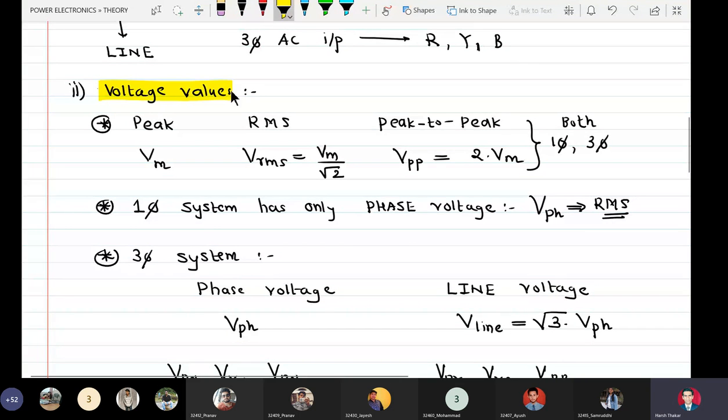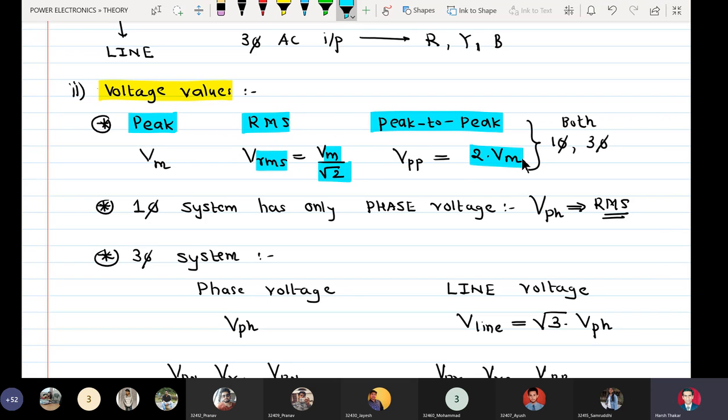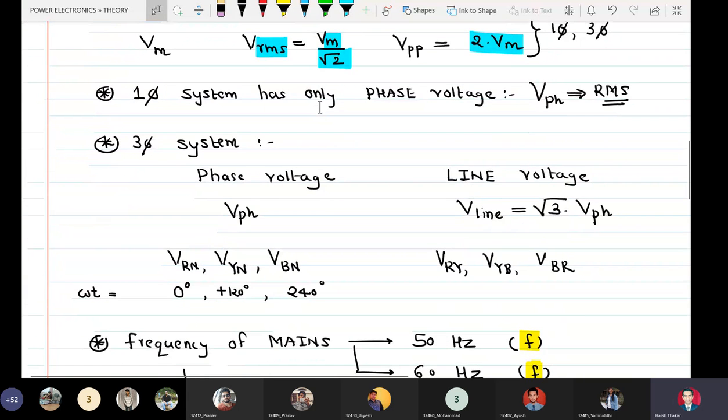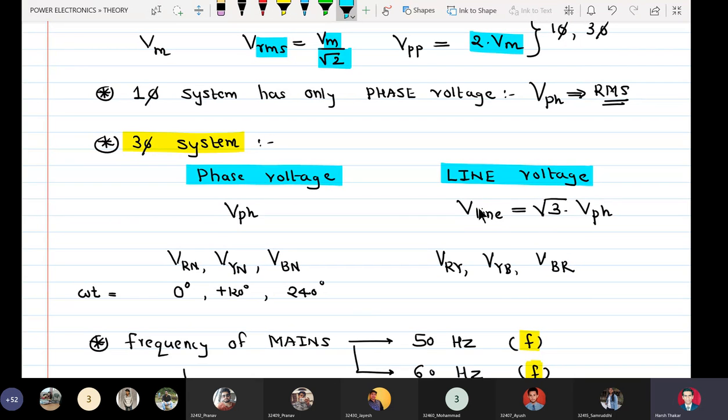Okay, voltage values, peak, RMS and peak to peak. RMS is Vm by root 2, peak to peak is 2 times Vm. Okay, three phase system, we have phase voltage, line voltage.